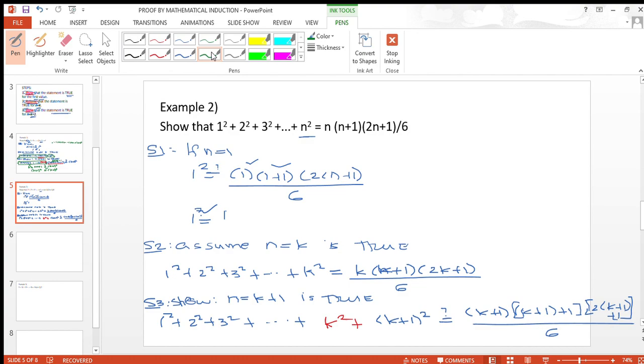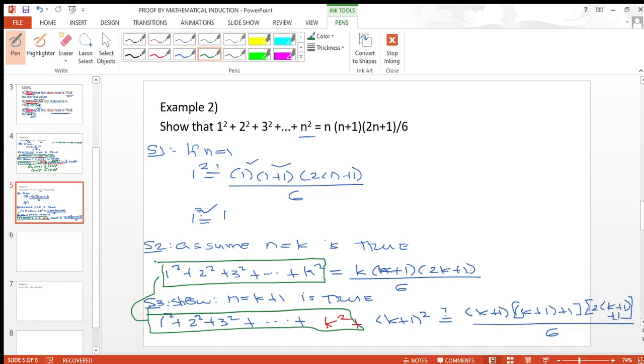Because if you are observant, this entire section here is seen in step 2. This is exactly the same as our expression before k plus 1 squared, which means we can substitute the right side for this section here.